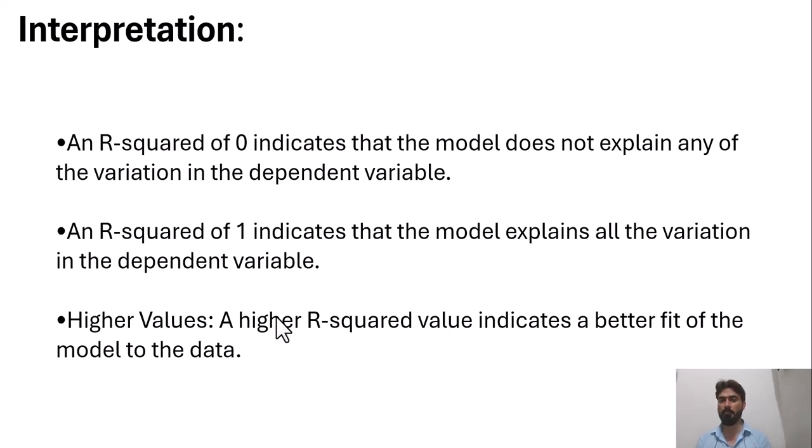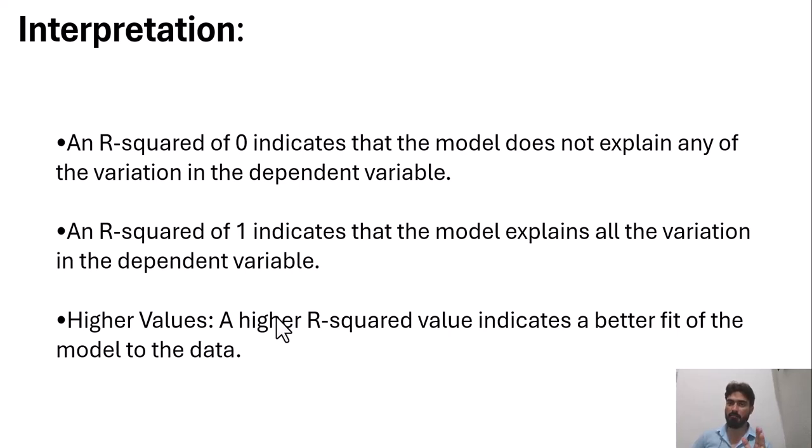So what happens if it is close to 0? If it is close to 0, then it means that there is very little relationship between the independent variables and the dependent variable. For example, if the R-square value is 0.20, then it means that there is 20% variation in the dependent variable due to the independent variables which we have included in our model.